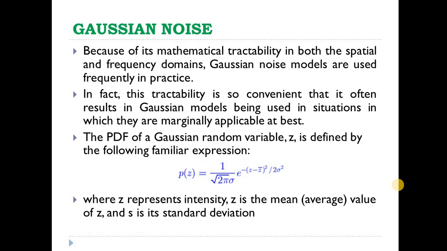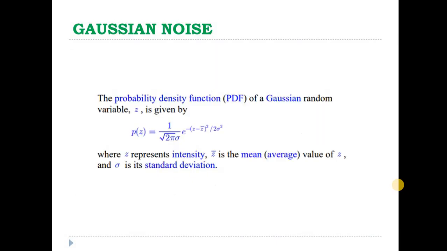The probability density function of a Gaussian random variable z is defined by p(z) = 1 / (root of 2 pi sigma) times e to the power minus (z minus z bar) the whole square by 2 sigma square. Here z represents the intensity, z bar is the mean value or average value of intensity, and sigma is its standard deviation.